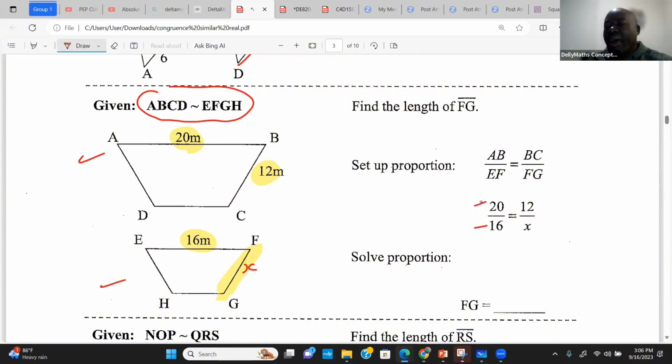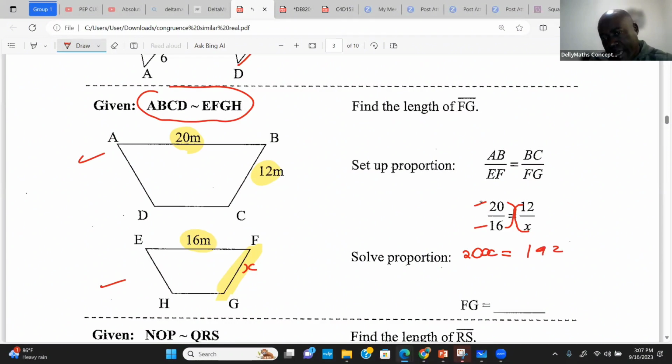And from here, I'm solving a regular equation where I could cross multiply quickly. So I could say 16 times 12 is going to equal X times 20. So X times 20 gives me 20X. And then if I multiply 16 times 12, I'll get 192.